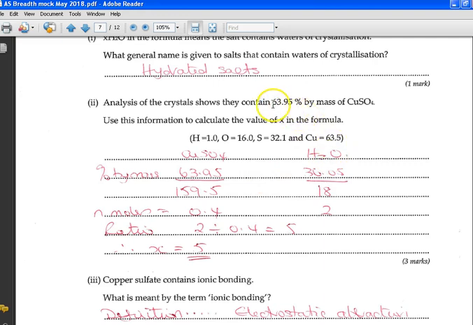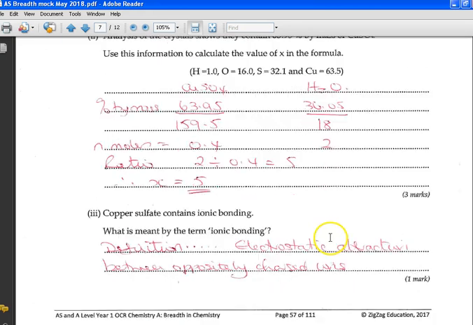Okay, so we take percentage by mass, divide it by our molar mass, or relative molecular mass, which will give us the number of moles of each, the anhydrous salt and the water, and then we divide the smallest number into the bigger number, and that gives us the ratio. So it's 1 to 5. Okay. So x in this case is 5.